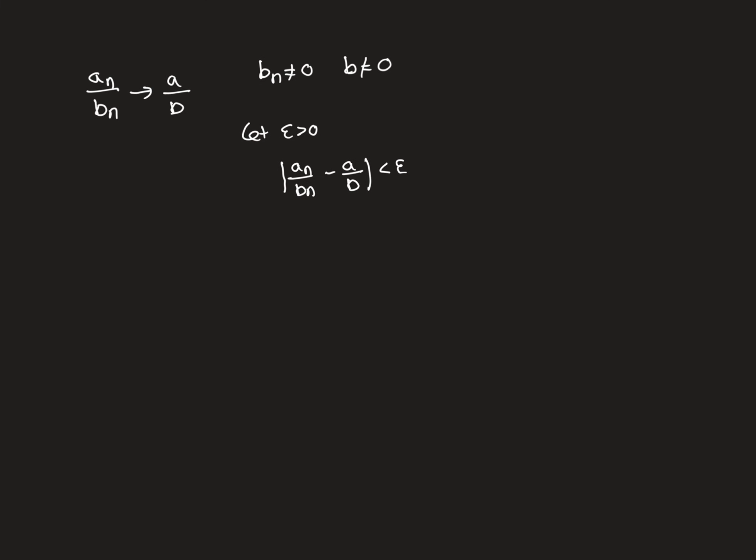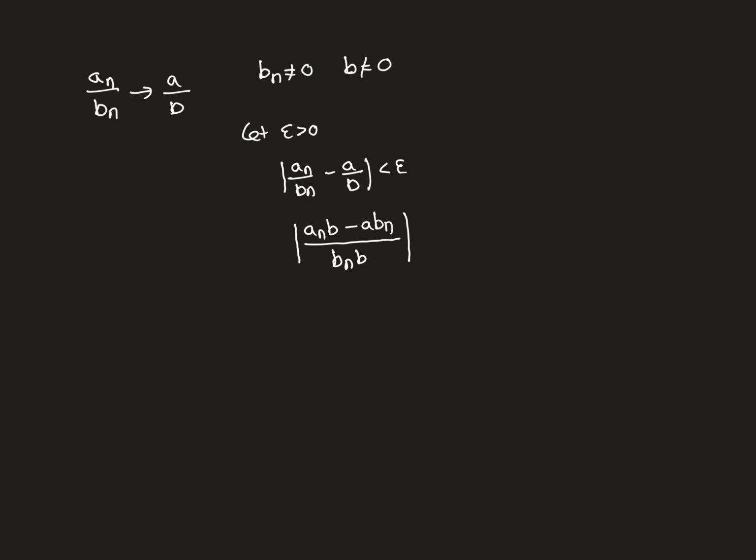So we want to try and manipulate this in terms of things we know, because we know the limit of a_n and we know the limit of b_n. So we want to get this in terms of things like mod a_n minus a, mod b_n minus b, using the triangle inequality again. So we're firstly going to get it over a common denominator, so some little algebra firstly. a_n b minus a b_n over b_n b.